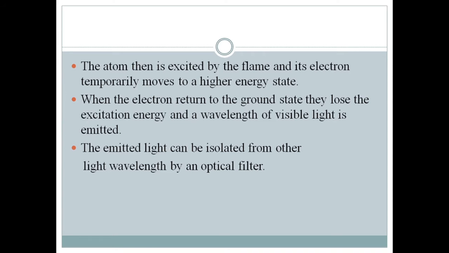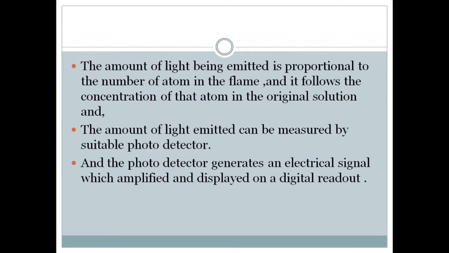The emitted line can be isolated from other light wavelengths by optical filters. The amount of light emitted is proportional to the total number of atoms in the flame, and it follows the concentration of that atom in the original solution.